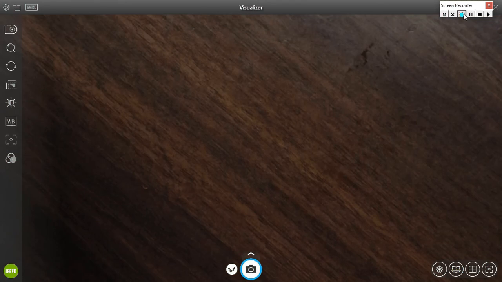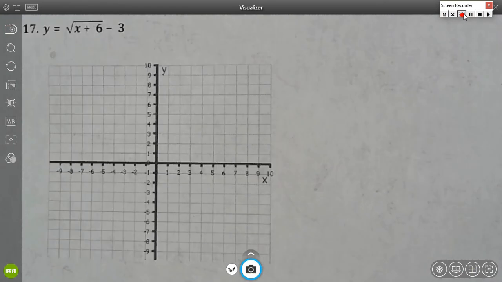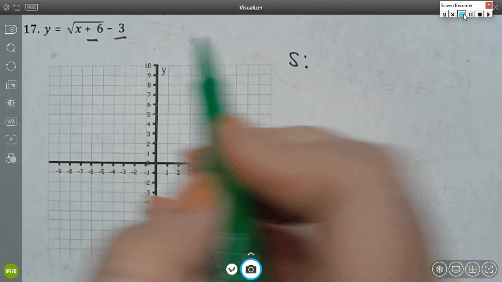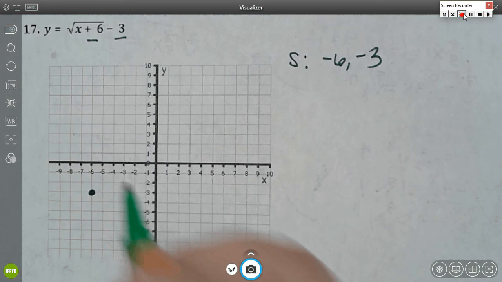Okay. Flipping over for the last two, the square root of x plus 6. For this one, my starting point here would be -6, -3. Now I need that direction point.